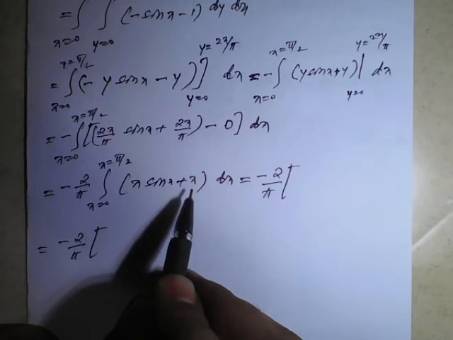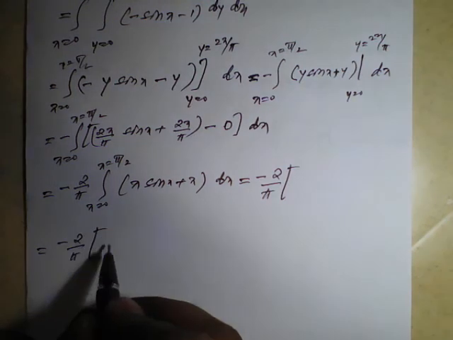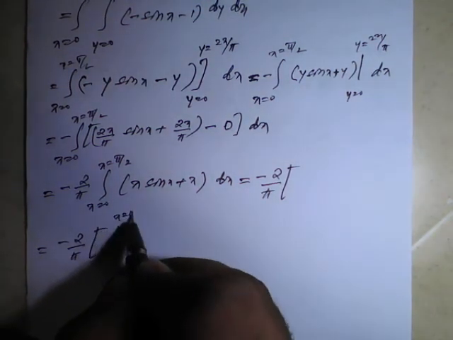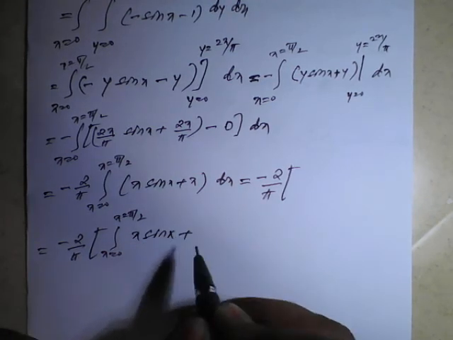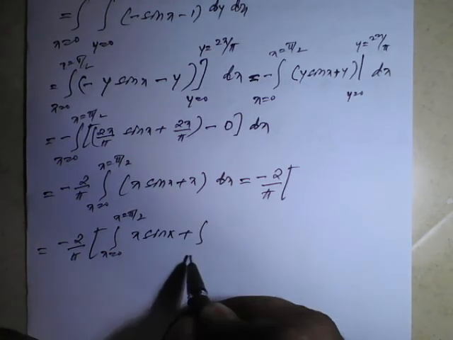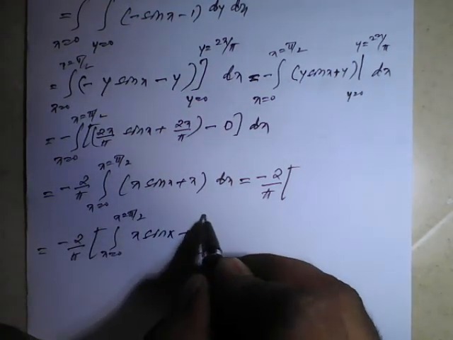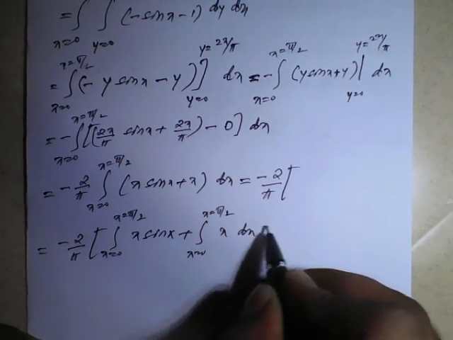Or else I will separate this one: integration of x from 0 to pi by 2 of x sin x, plus integration of x from 0 to pi by 2 of x into dx. I am separating these two terms.